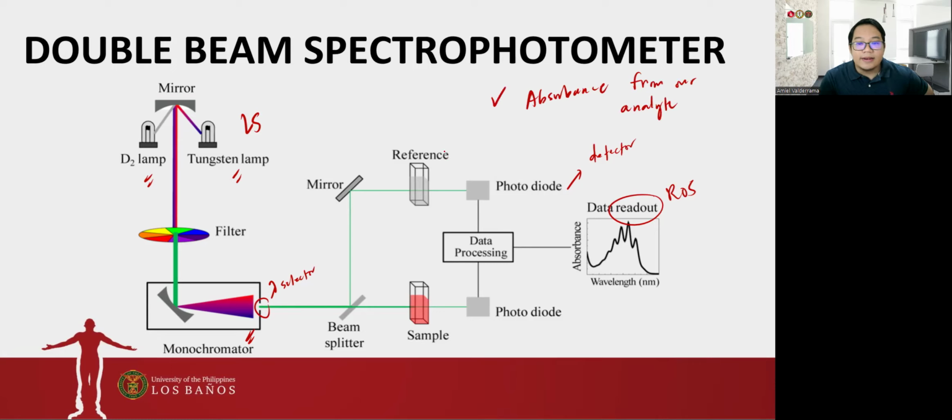Ito yung goal natin. And take note, yung ating analyte ay, for example, copper 2+. Pero yung copper 2+ na yan ay naka-dissolve to a certain solvent or diluent.